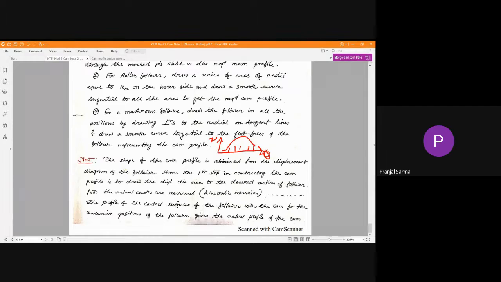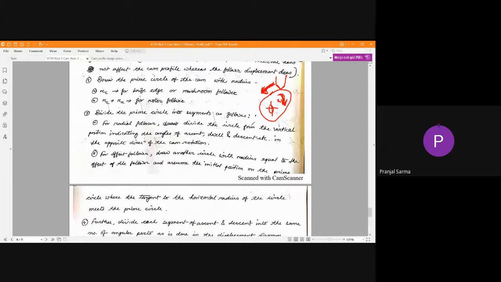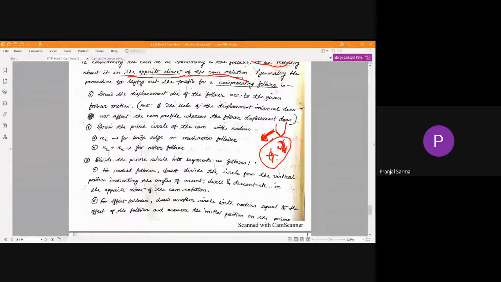From that curve we get knowledge about the position of the follower, that is, at a particular cam angular movement, what is the lift of this particular follower.